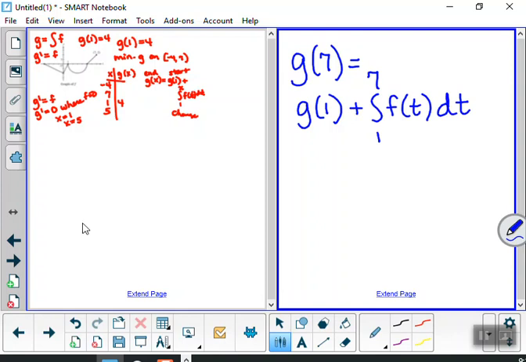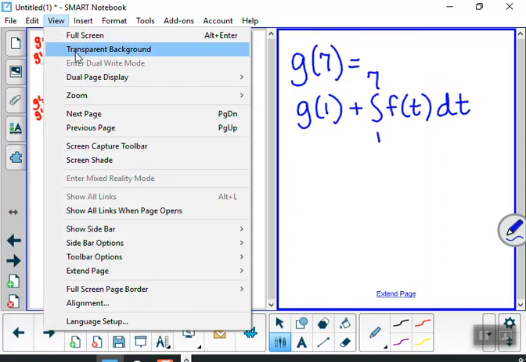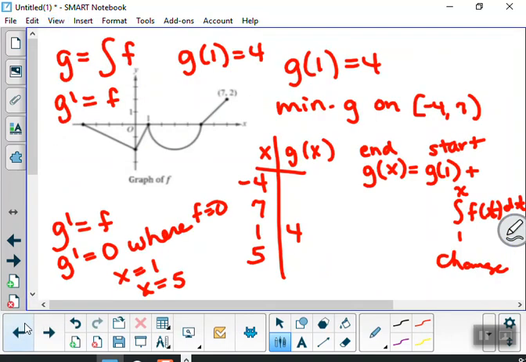Now, when I go back to this graph, let me make it bigger. Look how big that writing is. Okay, so let's write some areas in here. This is half of a circle. It's got a radius of 2, so it's a half pi times 4. So this section is 2 pi.